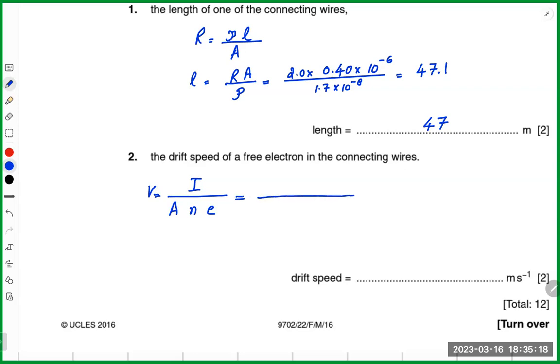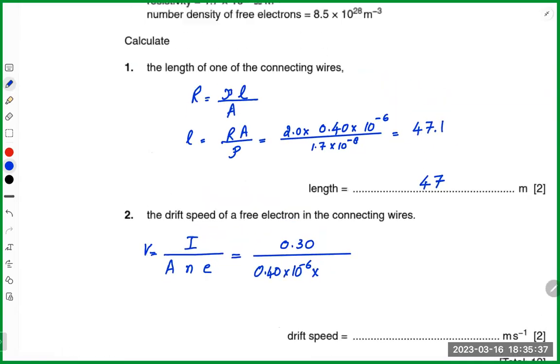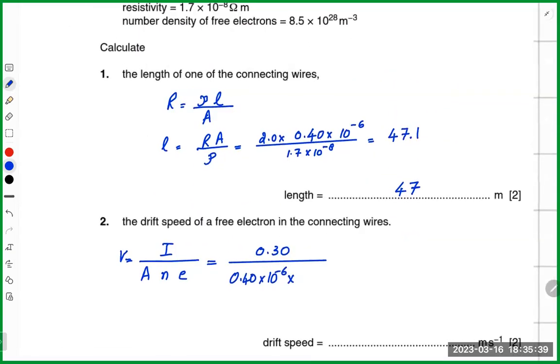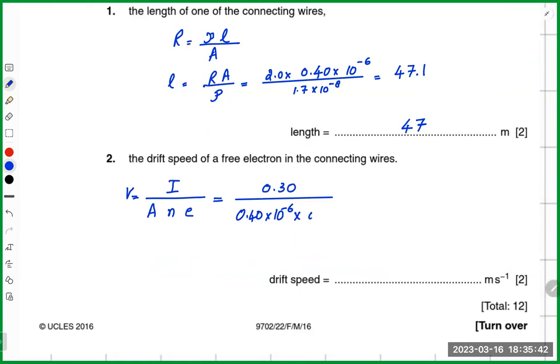I was 0.30. Area is 0.40 into 10 to the power -6, multiplied by n. Number density is 8.5 into 10 to the power 28. And elementary charge is 1.6 into 10 to the power -19.